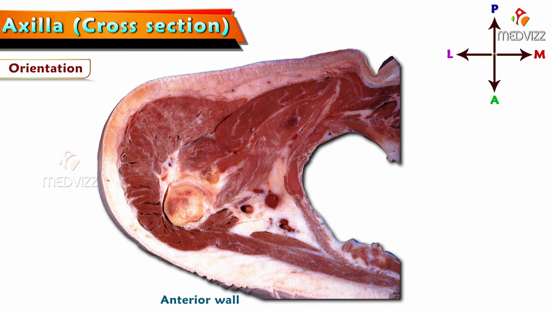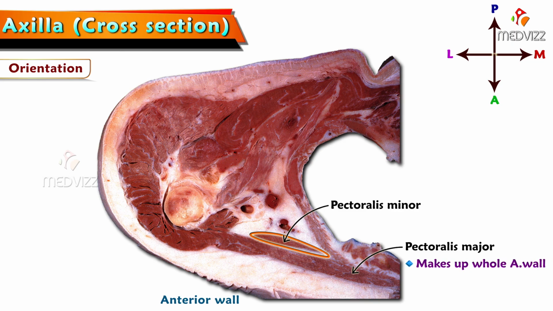The anterior wall of the axilla exhibits two muscles, pectoralis major and pectoralis minor. Pectoralis major makes up the whole anterior wall, and pectoralis minor is a smaller muscle present underneath it.